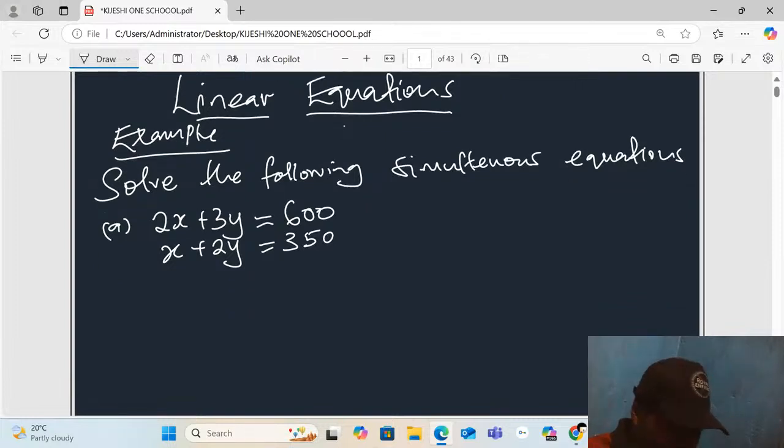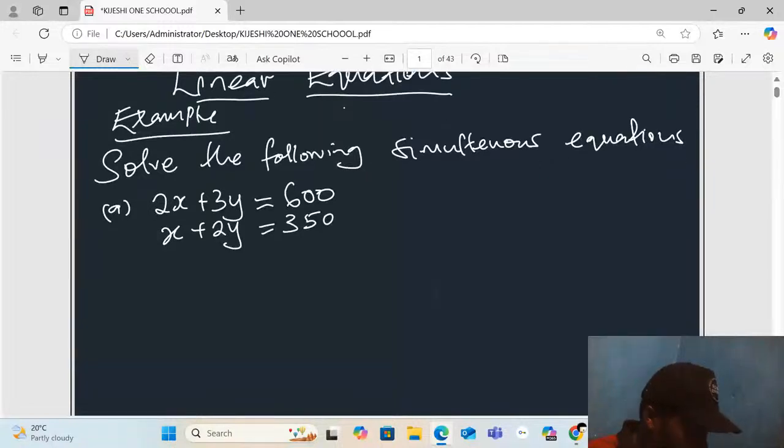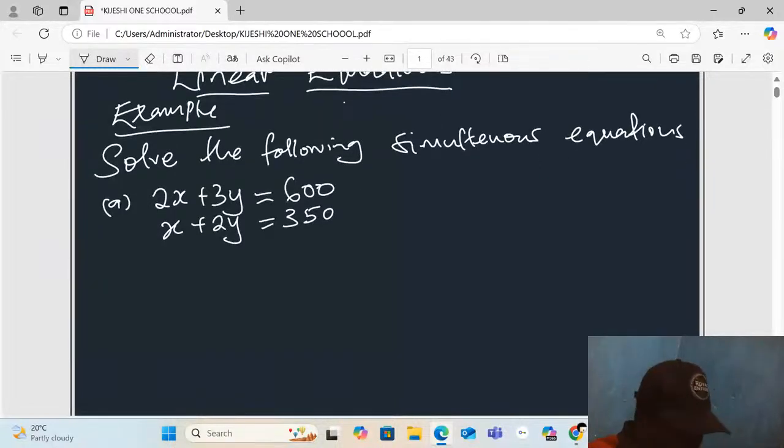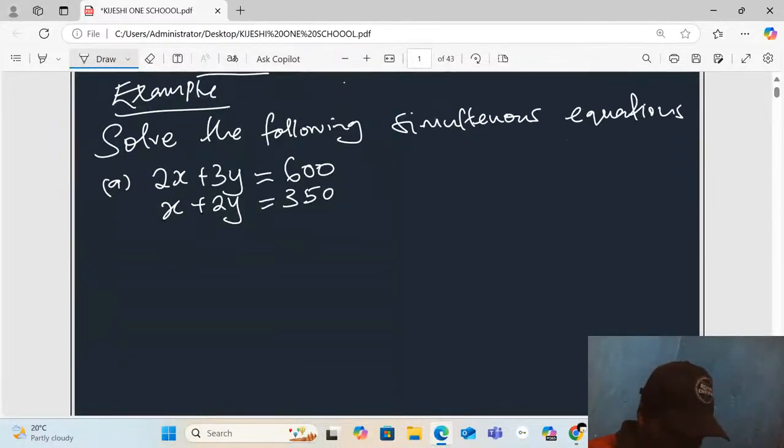In this case we are only going to focus on two, elimination and substitution. We shall arrange another class for graphical, so that we look at how we can solve simultaneous equations using graphs.